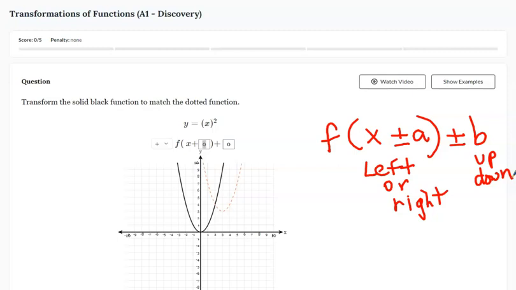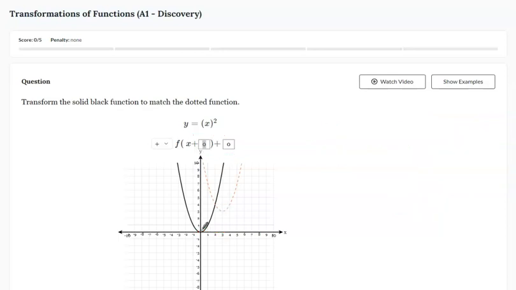Right? So it looks like if my vertex starts at the origin, and then my vertex ends up over here, it looks like I'm going to the right, and I'm going up. So that means I need to have new numbers in these two locations.